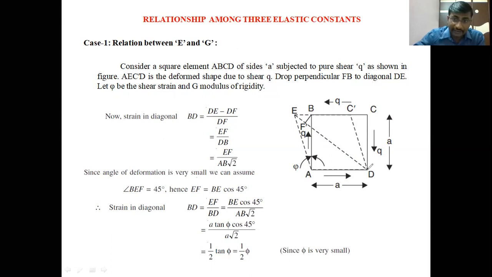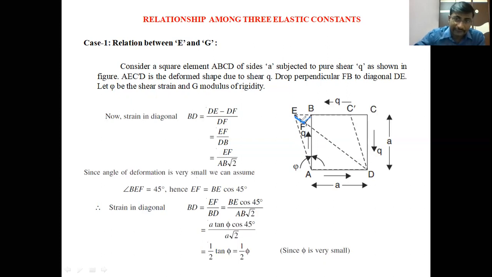The initial length is DB, the final length is DE. How much is the change in length of the diagonal? By drawing a perpendicular line FB onto the line DE, this much length is increasing in the diagonal BD, isn't it?